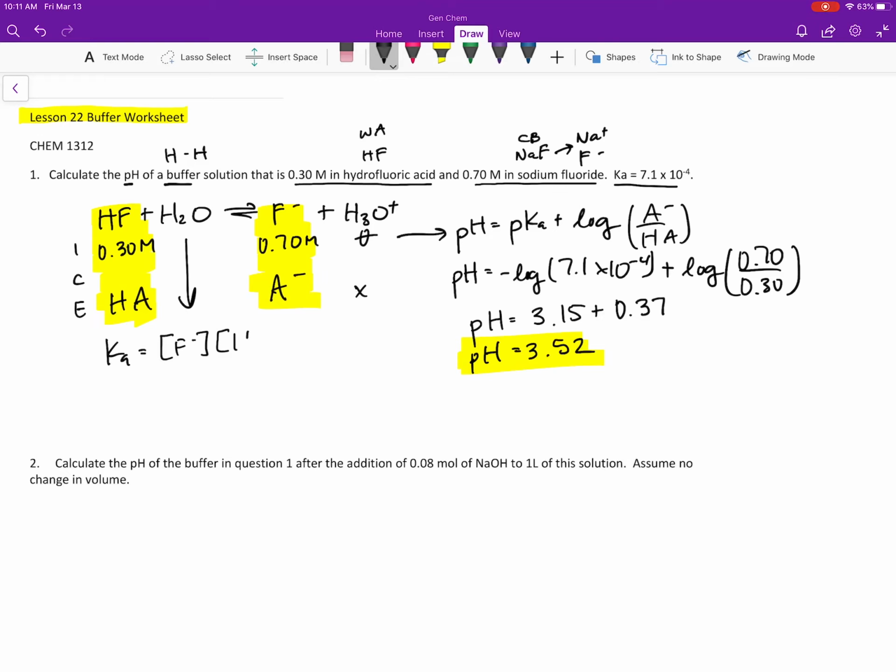So at equilibrium, because I'm in a buffer, my I values and my E values are the same. I still don't know this value. And so I could technically plug in the values I have at equilibrium.